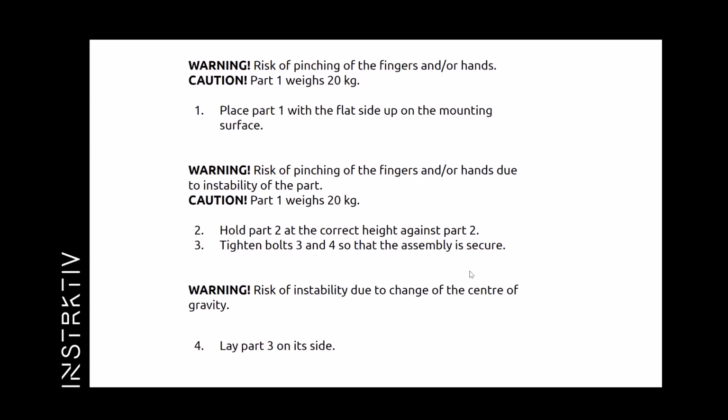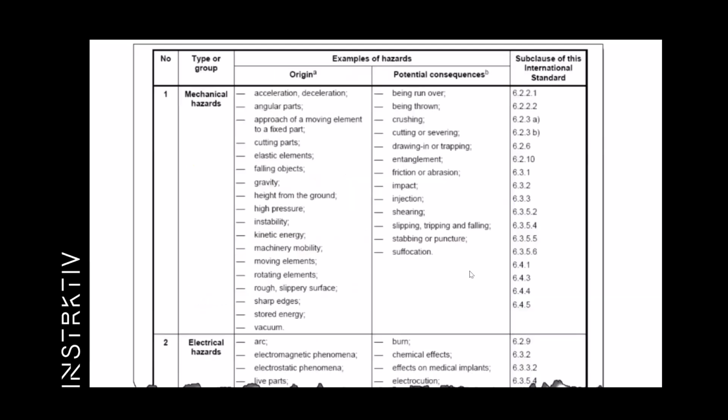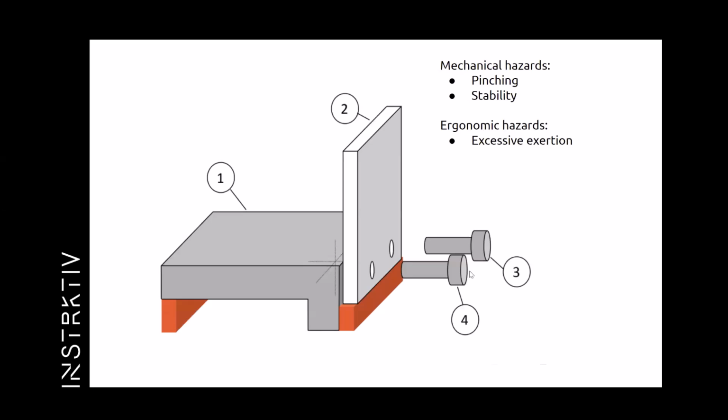But this is not the right way of doing it, because the user instructions may never compensate for a defect in the design, and you can decrease the risks of these products by conducting a risk assessment. So this is just an example of how the hazard groups are assessed. And when you do a risk assessment properly, you will find some solutions to mitigate the risk.